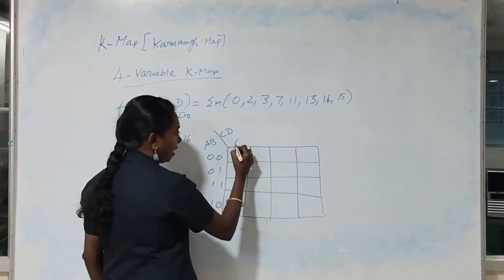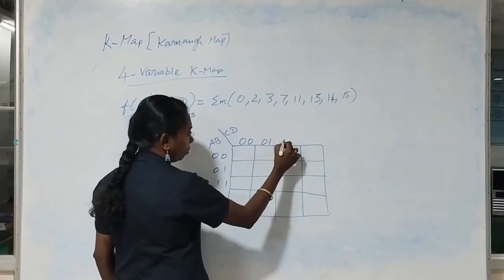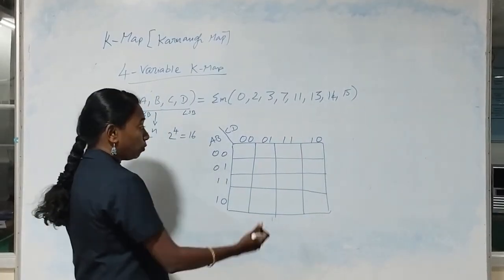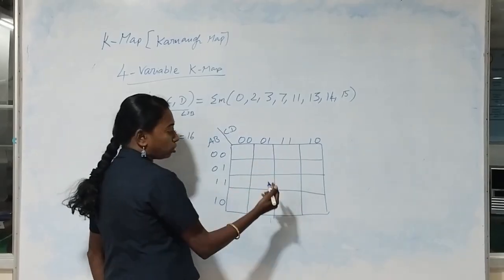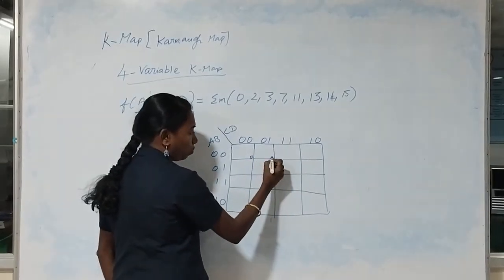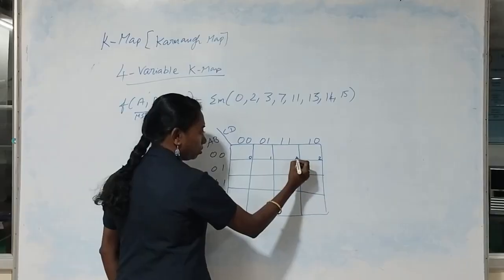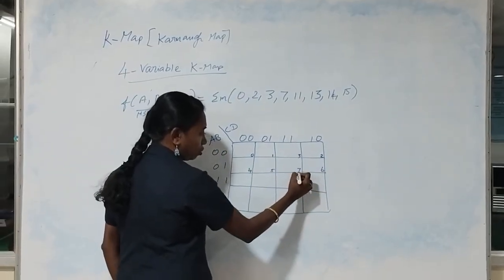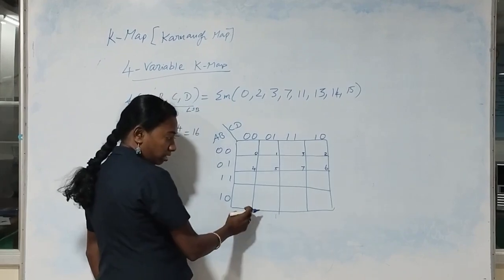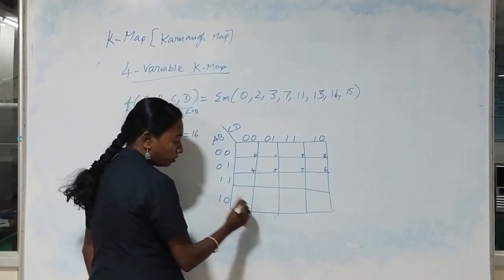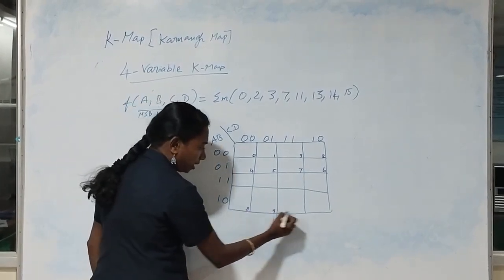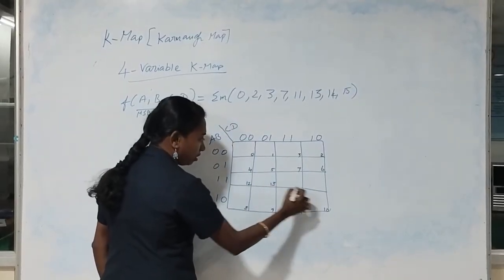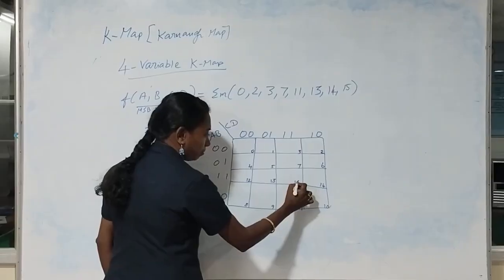And here also the values are 0 0, 0 1, 1 1 and 1 0. So for my simplicity, I am going to use min terms in the corners of each cell. So 0, 1, 2, 3, 4, 5, 6 and 7. So 8 I should start here because this value is 1 0. So this is 8, 9, 10, 11, 12, 13, 14 and 15.